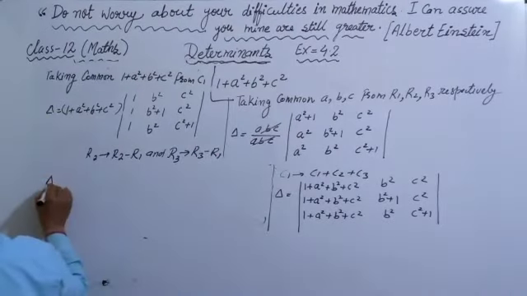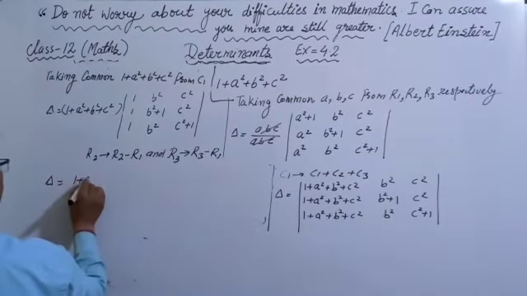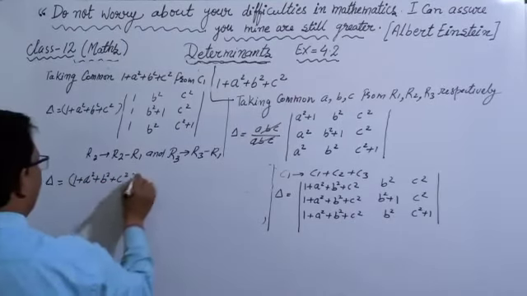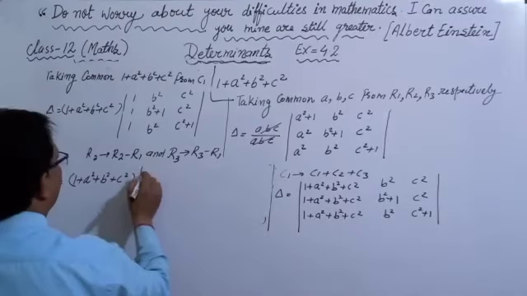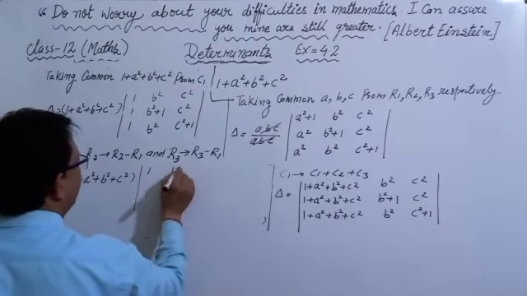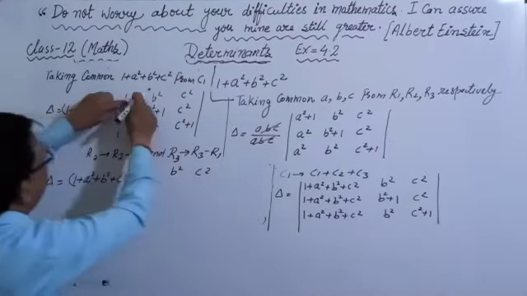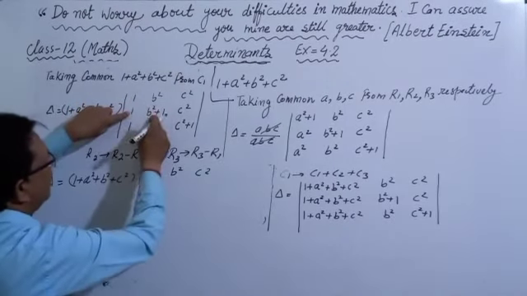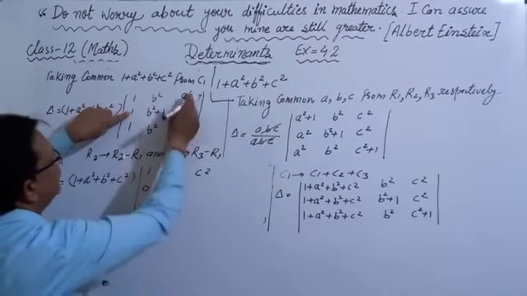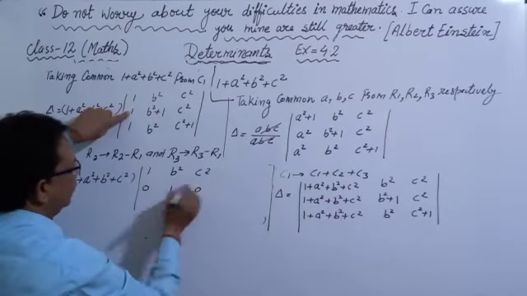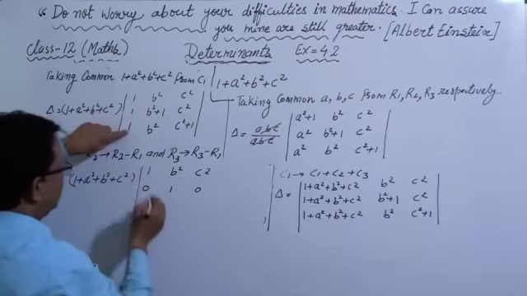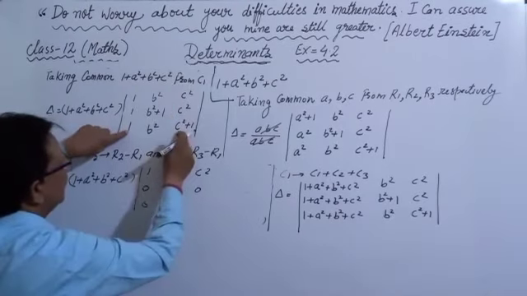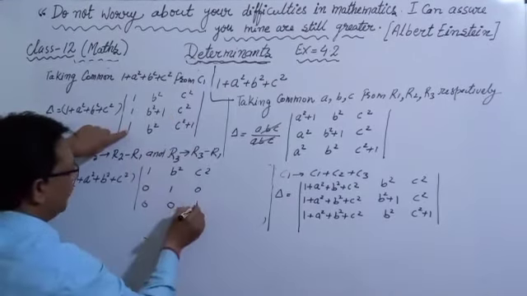So delta is equal to 1 plus a square plus b square plus c square, and we write the first row as it is. Then we subtract: 1 minus 1 is 0, b square plus 1 minus b square becomes 1, c square minus c square is 0, and here 0, b square minus b square is 0, and c square plus 1 minus c square, we get 1.